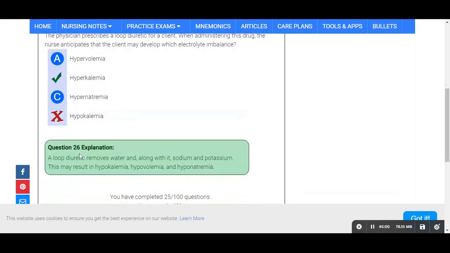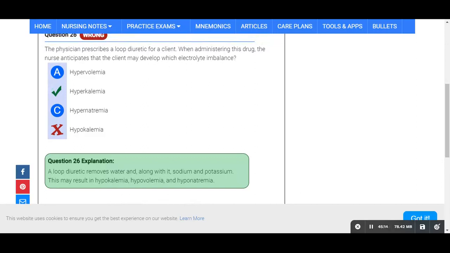Okay, a loop diuretic removes water and along with it sodium and potassium. This may result in hypokalemia, hypovolemia, hyponatremia. Yeah, it's true. Hypokalemia, hypovolemia, hyponatremia.